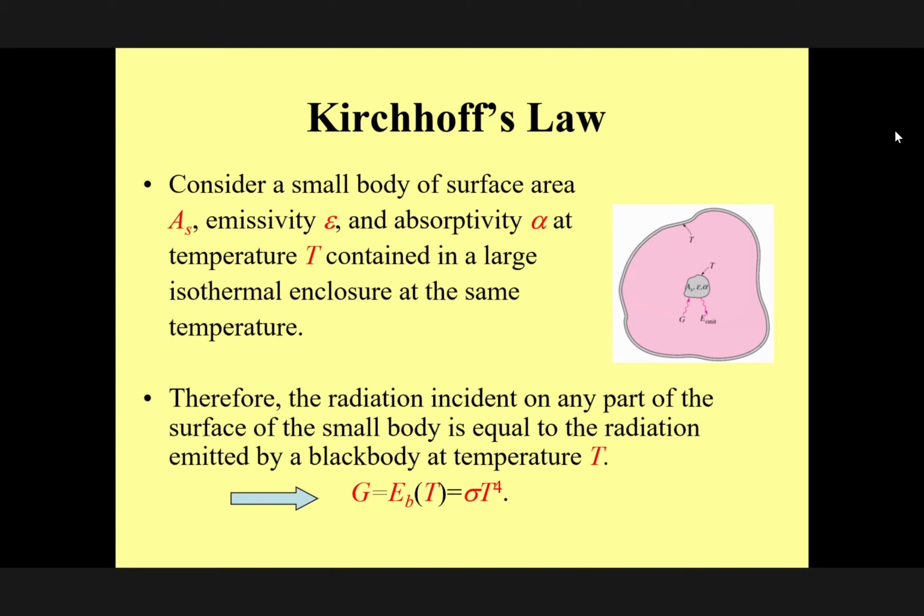In order to define it, we use this concept that we have a black body here at the temperature of T. And we place another surface here, we call it AS, okay? Inside that system. And leave it for a long, long period of time. Therefore, this surface AS is at the temperature of T and starts to emit energy, and so there will be energy exchange until it reaches equilibrium, okay?